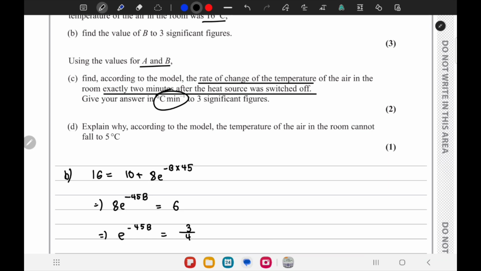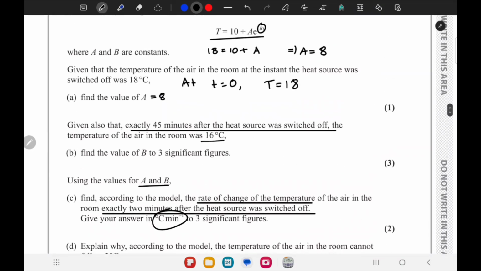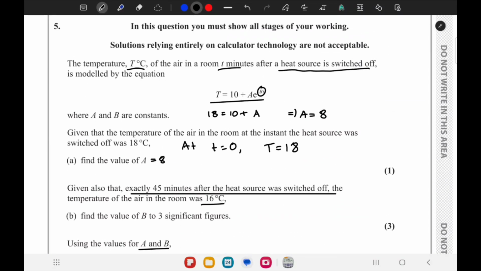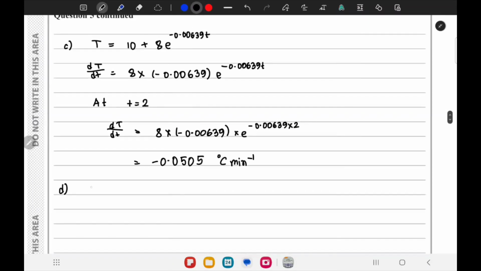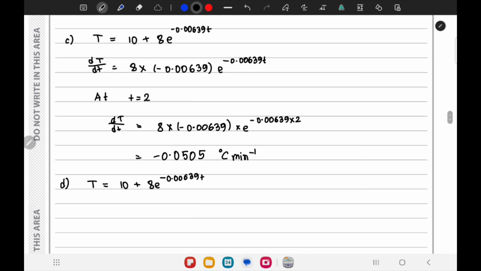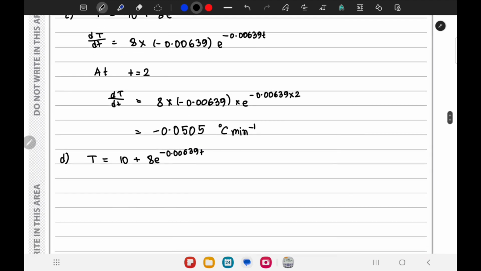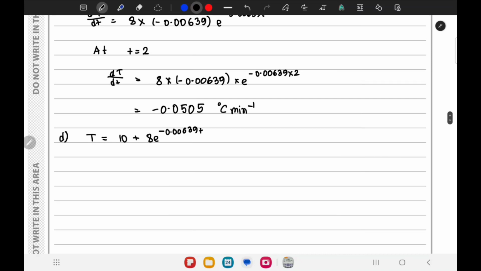Now we have to find, according to the model, why the temperature of the room cannot fall to 5 degrees Celsius. So t can go on and on, so t can reach infinity, so we have to use that as a limit. So capital T will be 10 plus 8e to the power minus 0.00639 t.